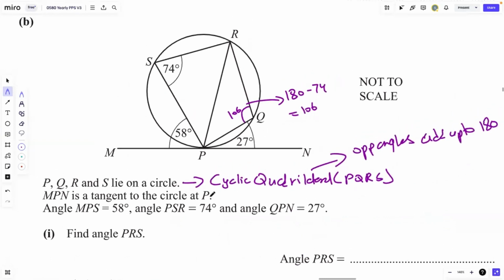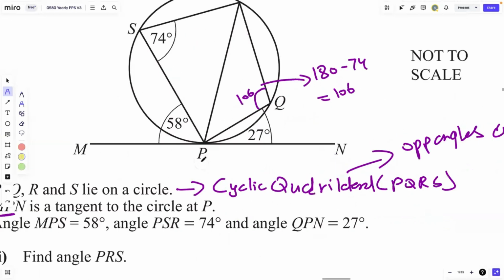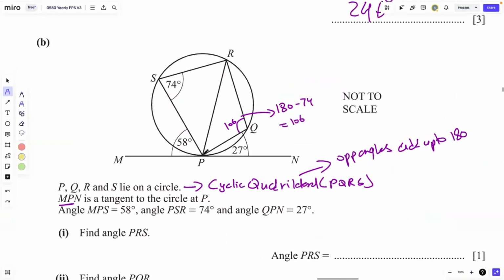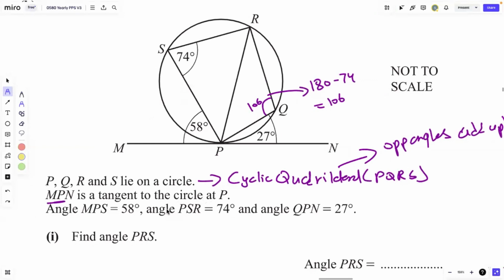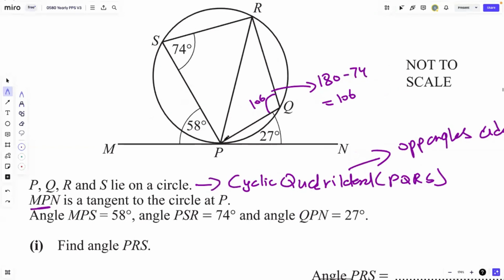MPN is a tangent to the circle at P. So let's look at MPN. We have this as MPN, that's your tangent to the circle at P. Do we have a radius? Tangent and radius make 90 degrees, but we do not. So the other property would be applicable here: the alternate segment property, also the tangent-chord property.